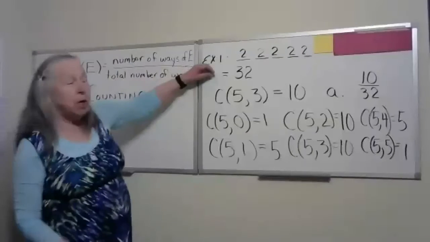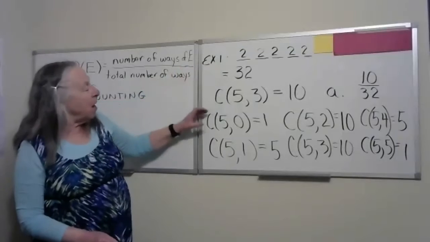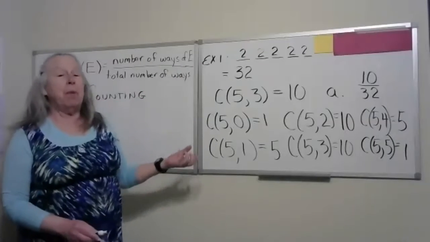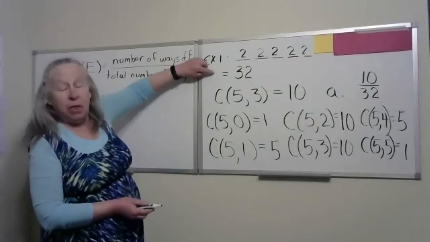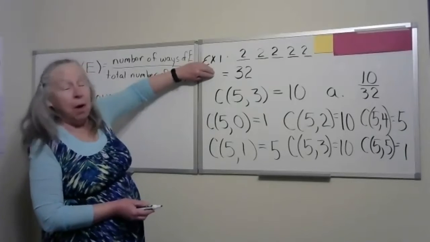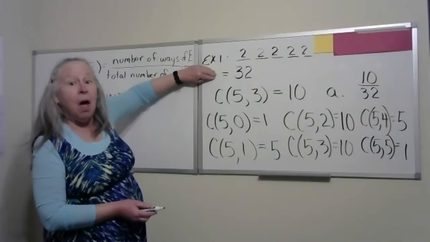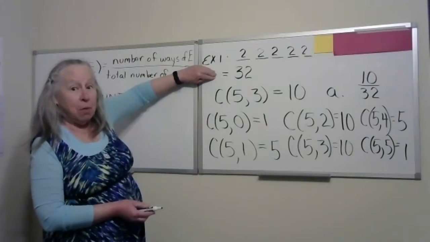I got 32. Exactly. So in other words, each of these represents an event, and when we add up those, we get the 32 outcomes that we talked about.